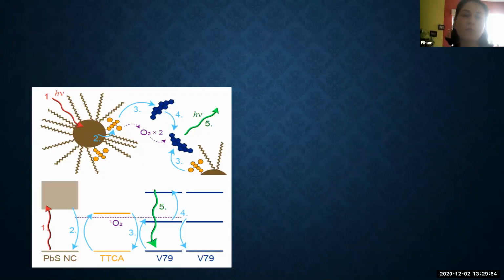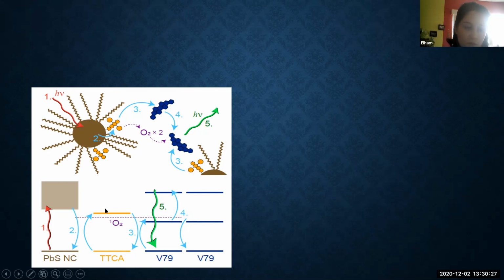We mixed these two kinds of molecules together, and we planned to excite the PbS quantum dots, then transfer energy to the ligand exchange molecule, which was TIPS-tetracene, and then transfer the energy to violanthrone molecules, and then triplet annihilation between these violanthrone molecules would result in upconversion.